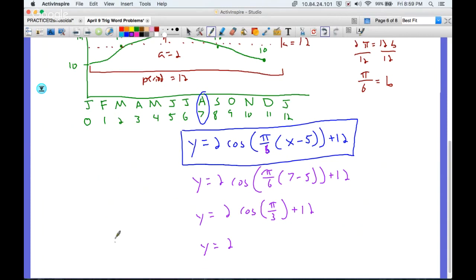A 60-degree angle is going to have an adjacent of 1 and a hypotenuse of 2. So cosine of pi over 3 is 1/2. Let me just double check that. Yeah, 1/2 plus 12. Y equals 1 plus 12. So August will have 13 hours of sunlight.